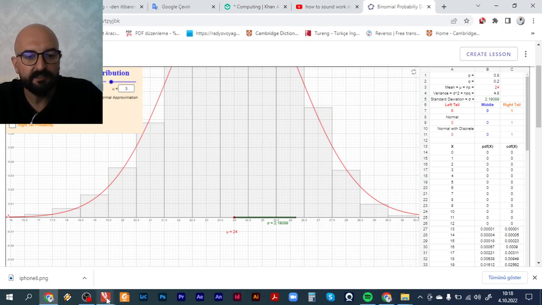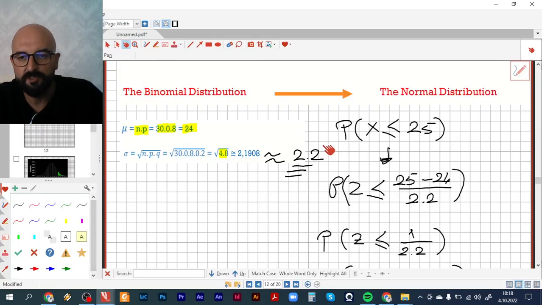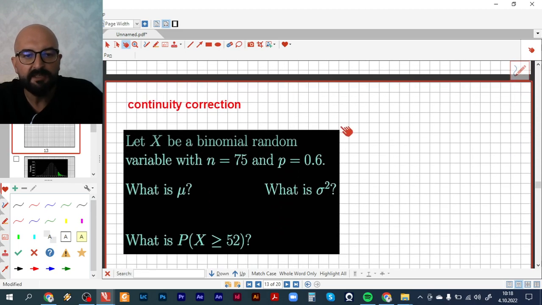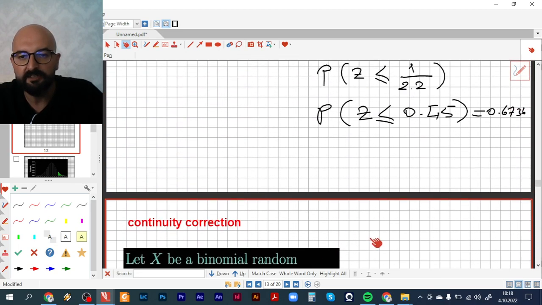So we have another process, and the process name is continuity correction.